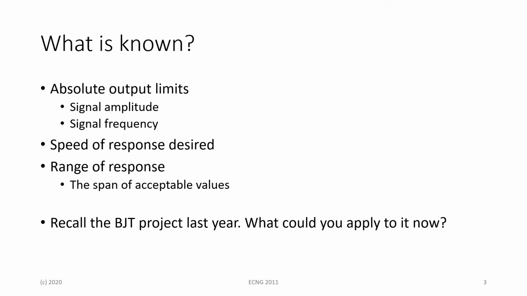In particular, for people who did the BGT project in Lab and Project Design 1 last year, from the knowledge that you have from the first 4 lectures at this point in time, you actually can apply some of this knowledge to your BGT project to figure out how to characterize the properties of our BGT amplifier.